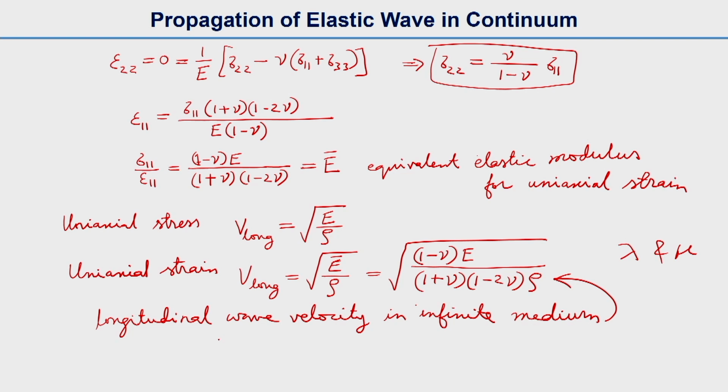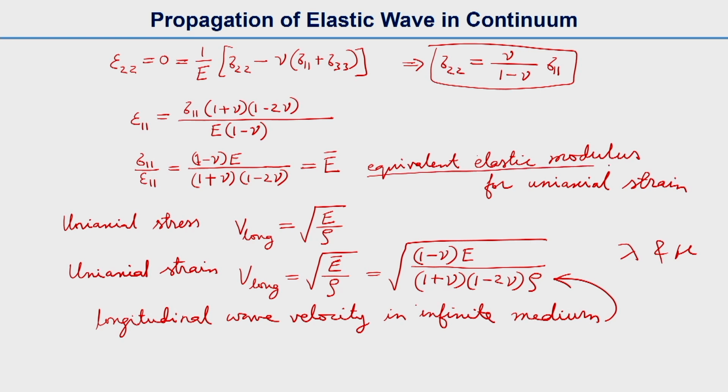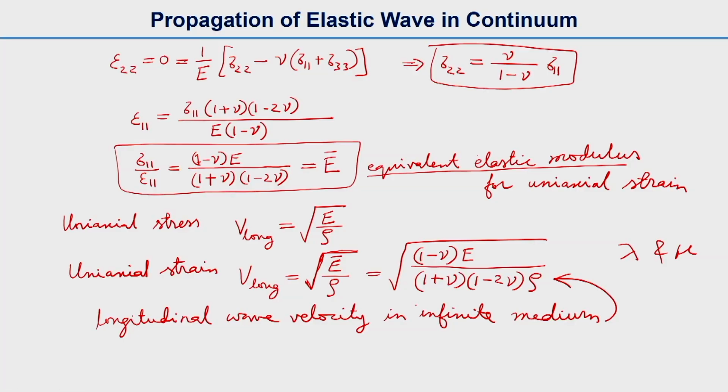Now we have a connection, and we can say that this can be considered a uniaxial strain case, because we have derived that the equivalent elastic modulus for uniaxial strain has this expression, and if we incorporate it into the square root of the ratio between elastic modulus and density, we end up with the same expression of longitudinal wave velocity. That means we can consider it a uniaxial strain case.